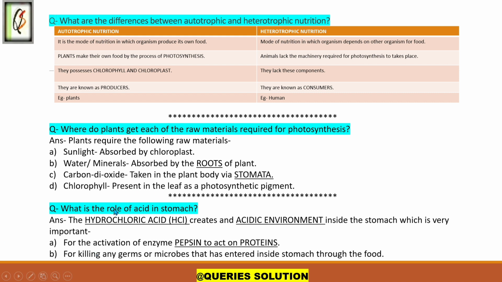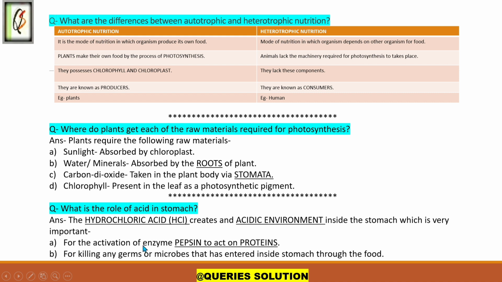What is the importance of this acid is what is asked in the question. So what's the answer? The hydrochloric acid creates an acidic environment in the stomach, which is very important. Definitely the acid is going to make the environment of the stomach acidic in nature. But why is this acidic environment important? That's what is asked in the question. So two key points here.